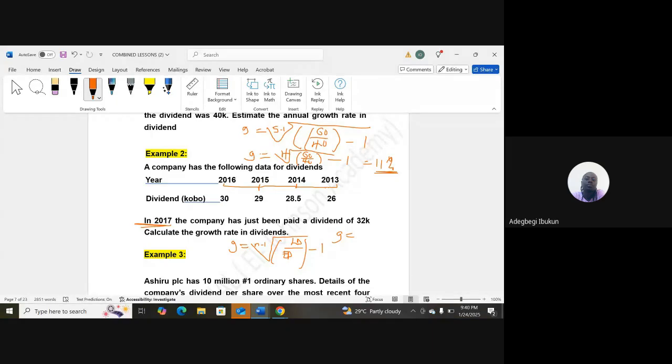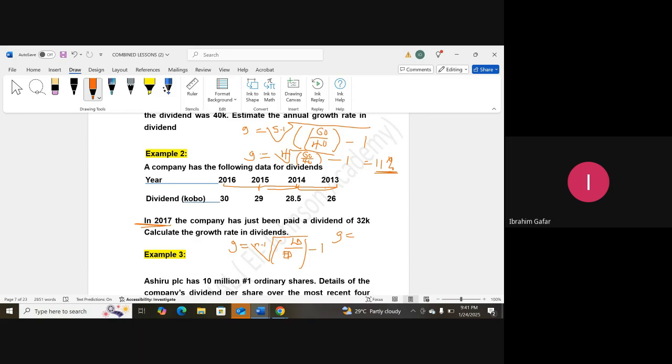If we go by what you just counted, then it should not be n minus one. If I count 1, 2, 3, 4, that is 4 years, then I will not use minus 1.